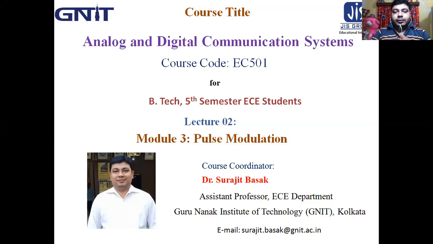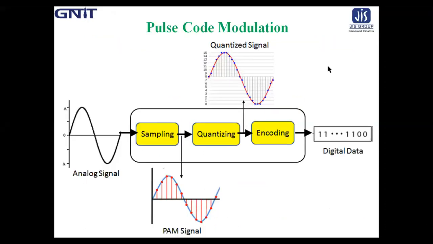Today we are starting lecture number 2 from the third module, that is pulse modulation. In the last class, we discussed pulse code modulation, which is a combination of sampling, quantizing, and encoding.